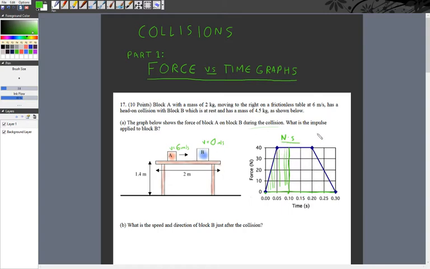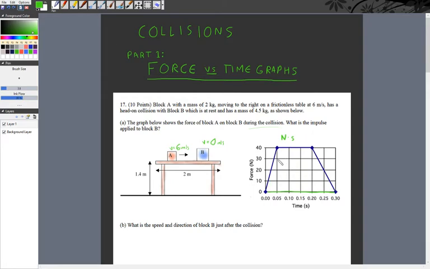To find the total impulse during the entire collision, we have to find the area underneath the curve geometrically between 0 seconds and 0.3 seconds. So that means we want to find this entire area. All right, that's our job right now. Let's undo this.